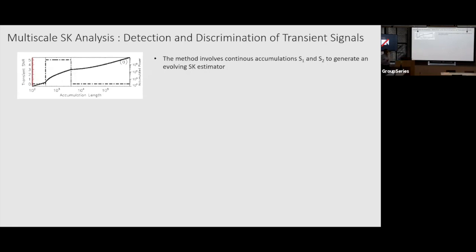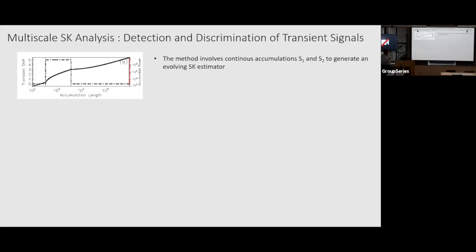What if we already have integrated data, we have power and power square, but we cannot play with the trick that I said, like we don't have voltage data to play with. So then what you can do at most is to continue integrating, like add S1 to S1, S2 to S2, and see how the power changes. So here is how, when you increase the accumulation length, your signal power can increase.